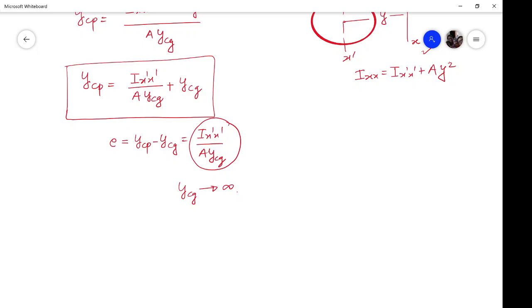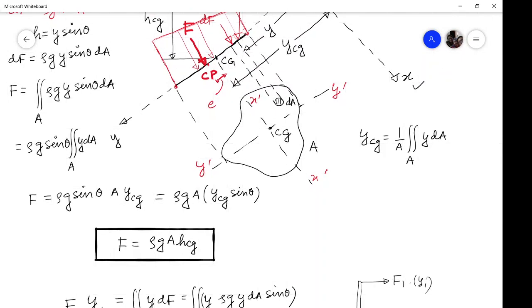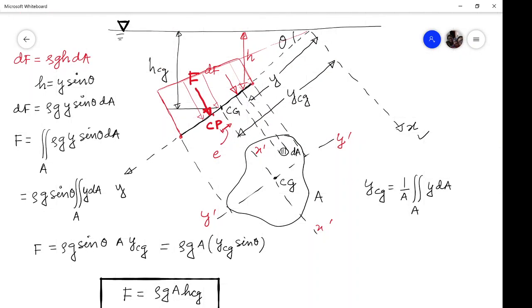So in this lecture, we have learned how to evaluate the pressure force which comes onto a surface which is submerged in fluid, and that surface has to be plane, inclined at an angle of theta. And remember, in this particular case, we have assumed that the fluid is incompressible. That means the density is a constant. Okay, and also we have developed an expression to evaluate the position of the center of pressure.